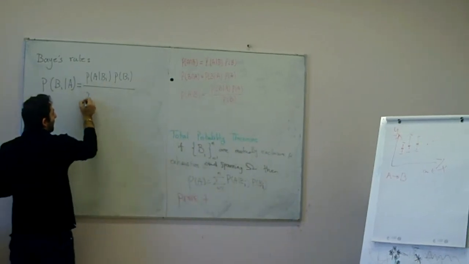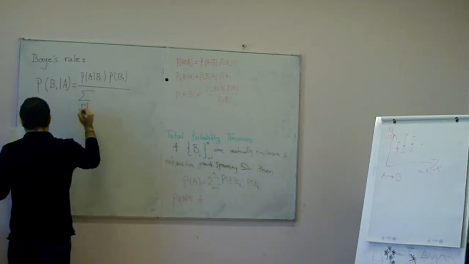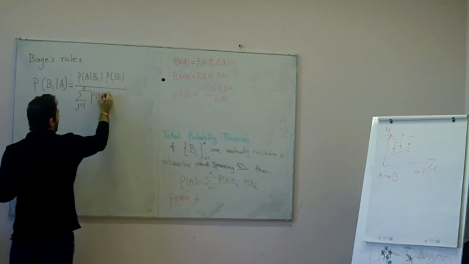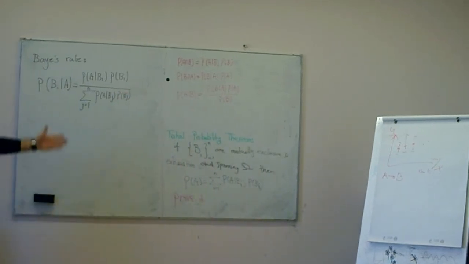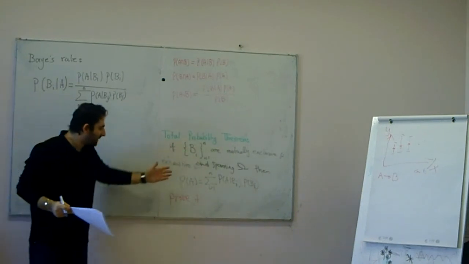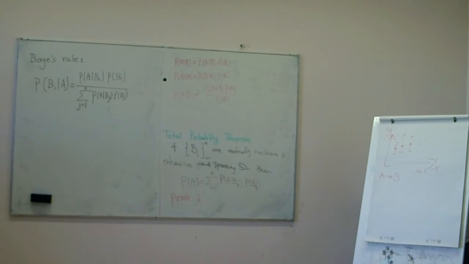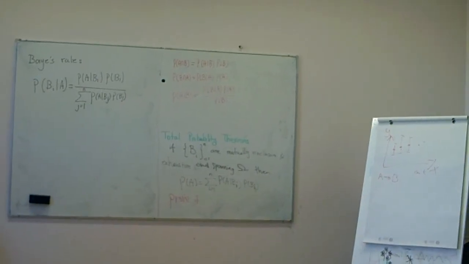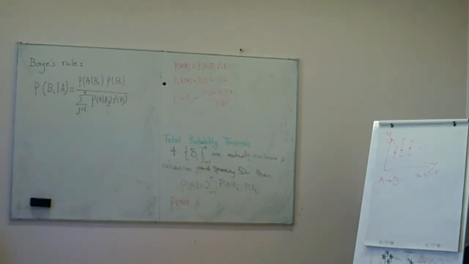So it will be the summation of, let's say, j from 1 to n of probability of A given Bj multiplied by P(Bj), given that the B's are mutually exclusive and exhaustive and spanning also on omega. So this is the general formula for Bayes rule.